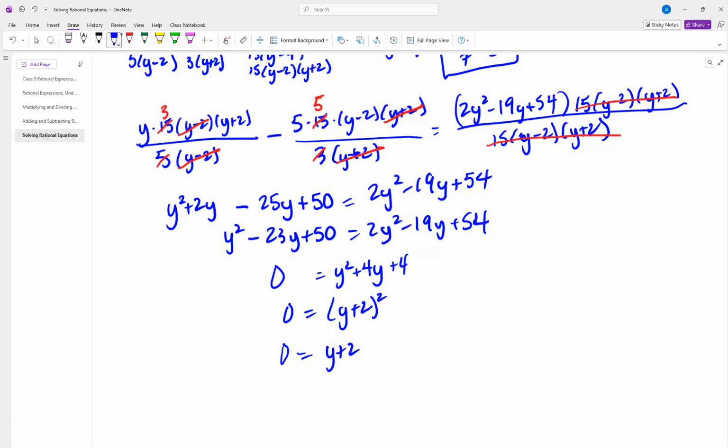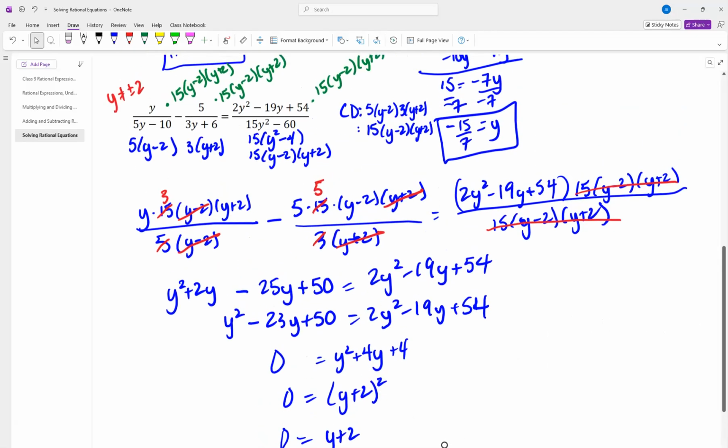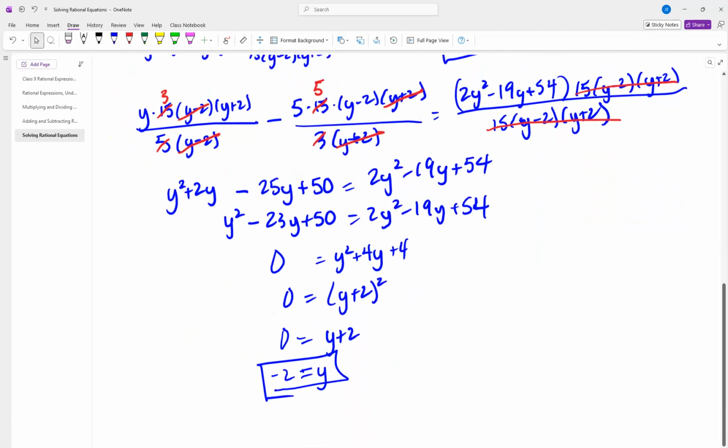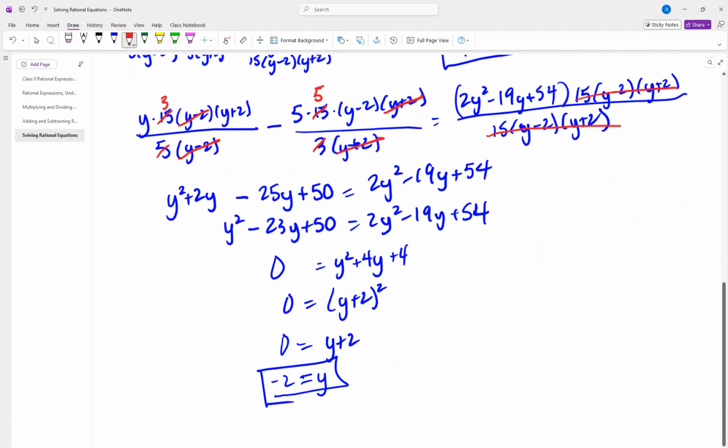And then solve, at long last, for y. But hold up, we had a restriction. y can't be plus or minus 2, so you do all that work just to say, just kidding, this is no solution, or undefined.